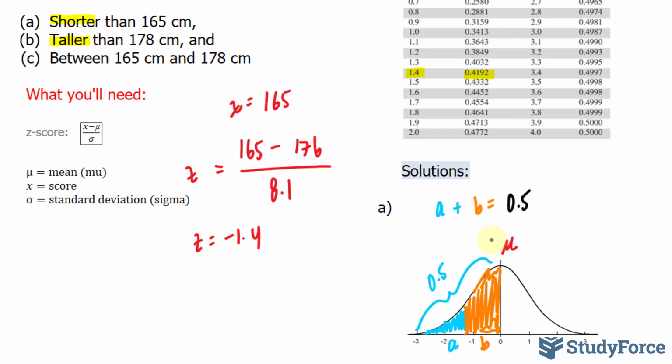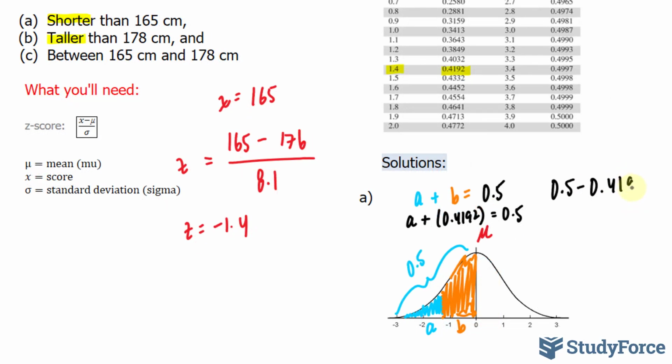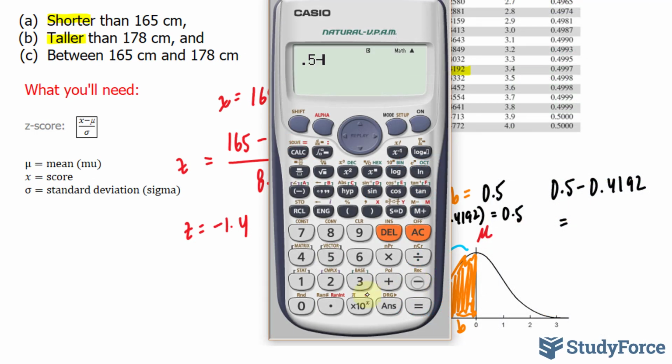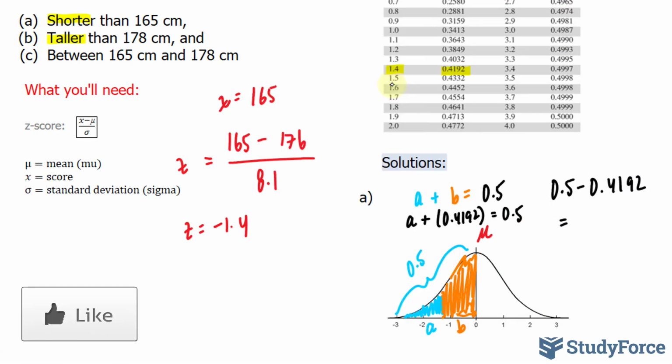So I'll substitute what my B was, which I found to be 0.4192, into here, plus A. Solve for A, and I end up with 0.5 minus 0.4192 is equal to my answer. 0.5 minus 0.4192 gives me 0.080.